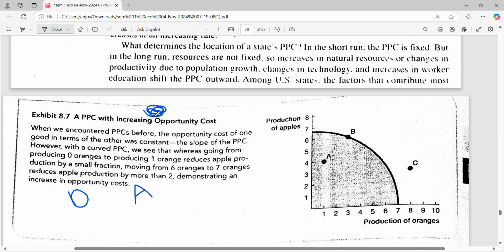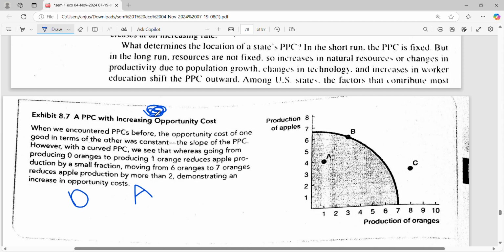Why is that so? Because in the short run, yes, the PPC is fixed, but in the long run, there are other machinery or something, and the technology can be improved. So the technology for the production of orange is being improved there, or the labor have got some kind of training to get more knowledge on the cultivation of orange.